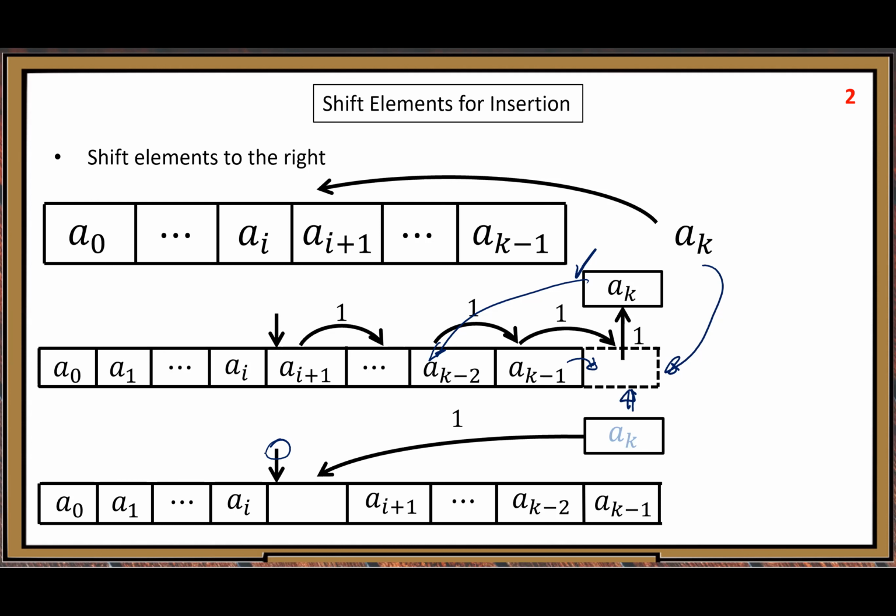This diagram gives us visual understanding of the implementation details. Compare and shift if necessary, until we find the right vacant position for the current element AK, and then drop it there.